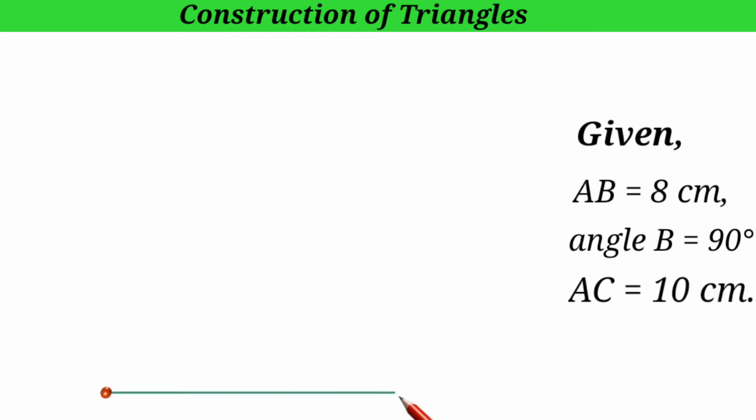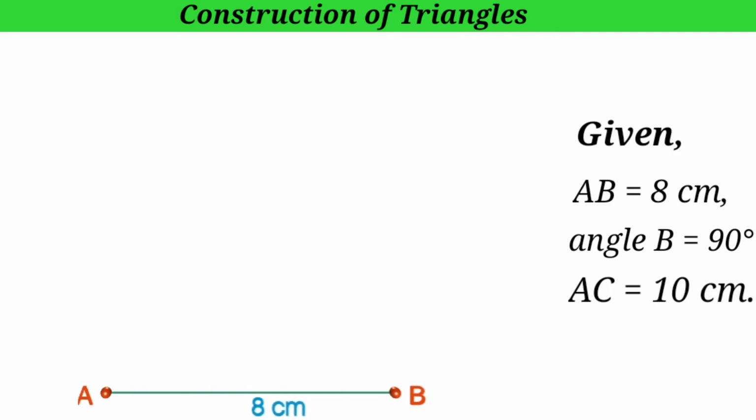So now identify the end points of the line segment. One end point is capital A and the other end point is capital B. So here the length of the line segment AB is how much? 8 centimeters. So you have to write here the length of the line segment AB is equal to 8 centimeters.